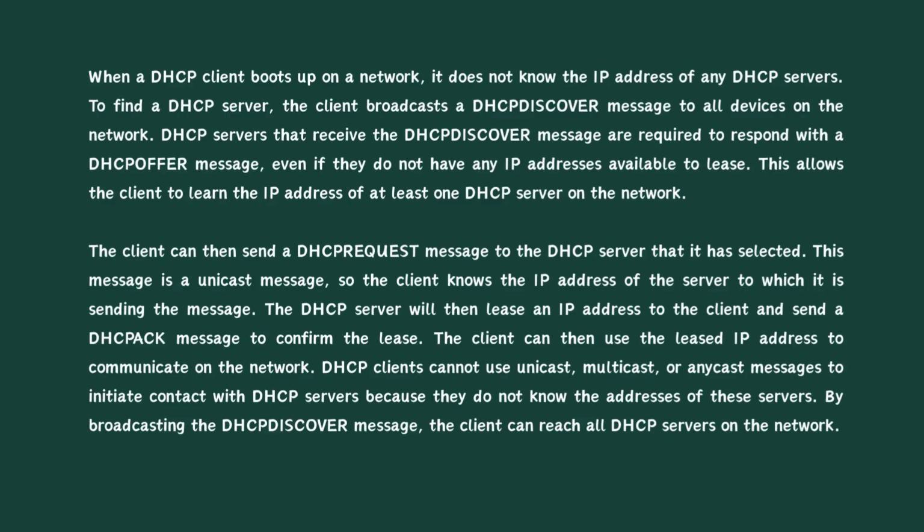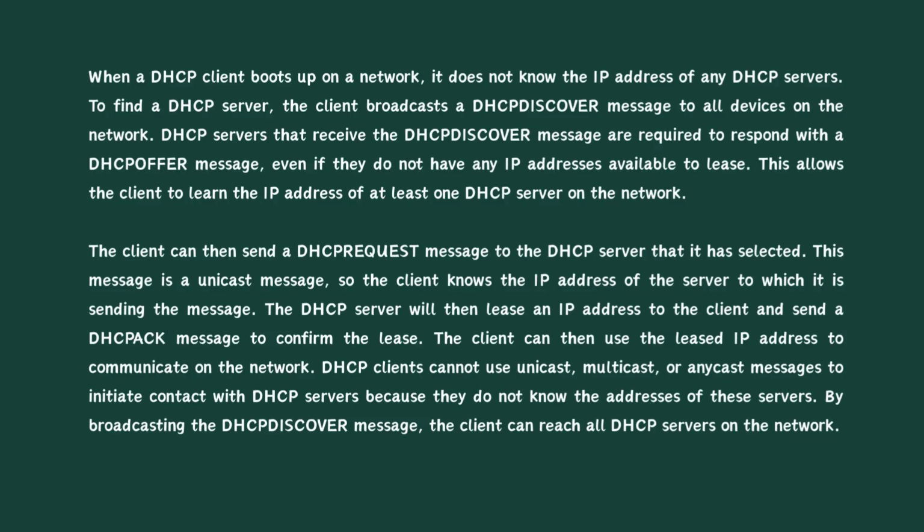DHCP servers that receive the DHCP DISCOVER message are required to respond with a DHCP OFFER message, even if they do not have any IP addresses available to lease. This allows the client to learn the IP address of at least one DHCP server on the network.